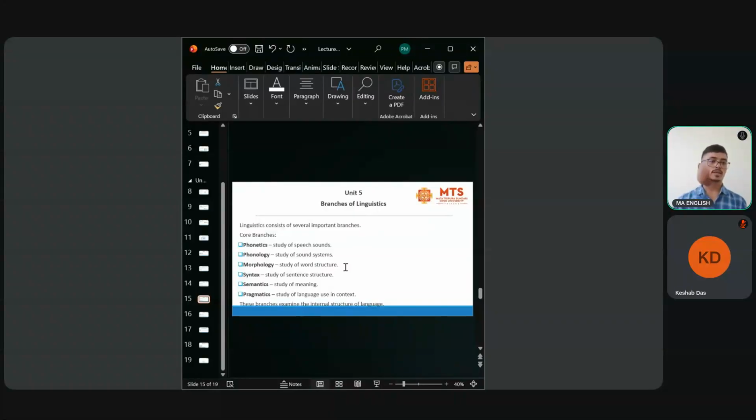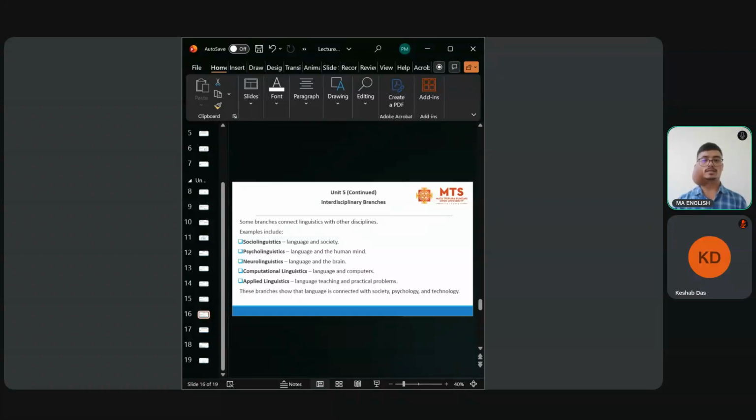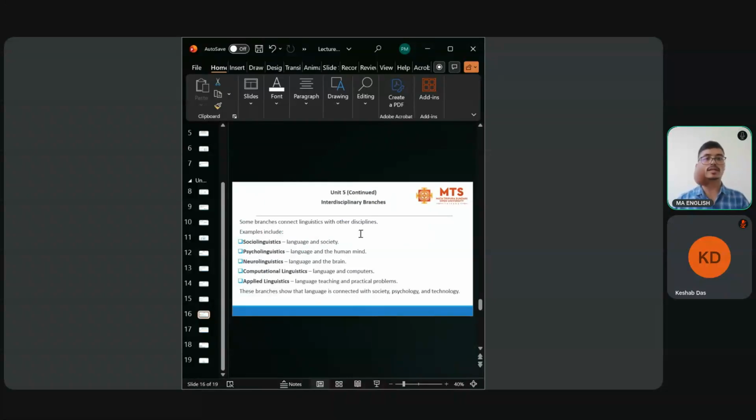Okay. Now let's move on to the next slide. These are the core branches: phonetics, phonology, morphology. These are the core branches of linguistics. Now in linguistics we also have interdisciplinary branches.